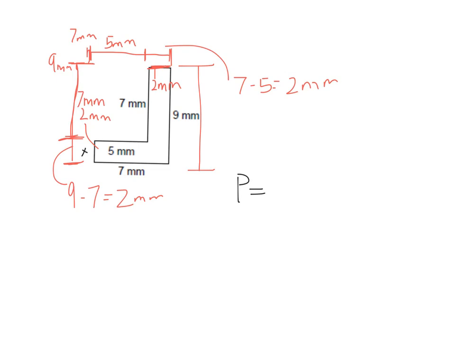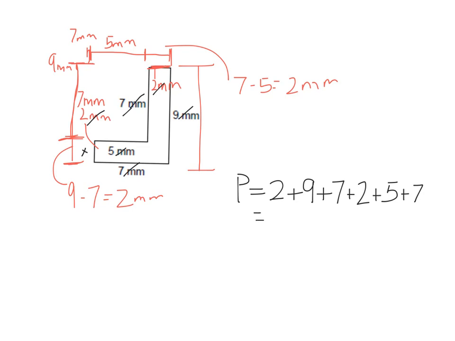I'm doing this one here first. 2. So then I get 2 plus 9 plus 7 plus 2 plus 5 plus 7. I can double check that I got them all. I got 2. I got 9, 7, 2, 5, and 7. I got them all. Now I can add them up.